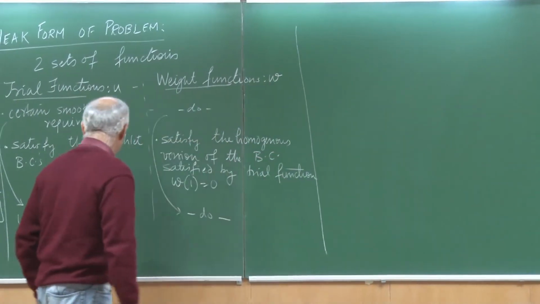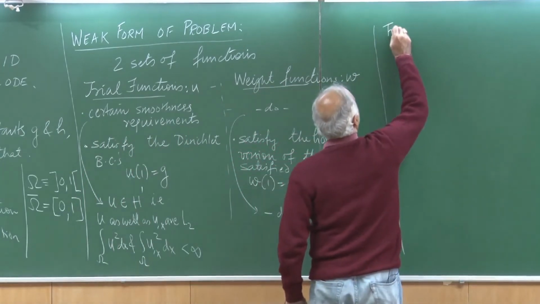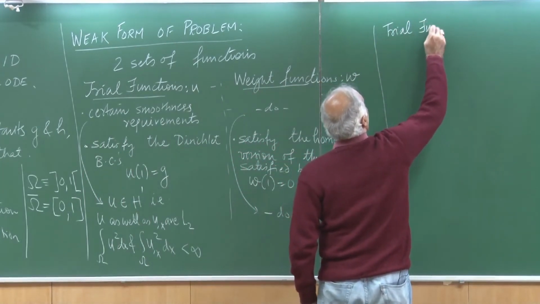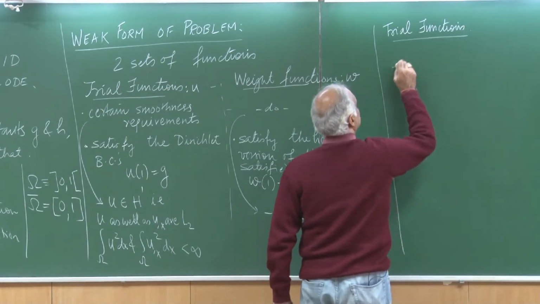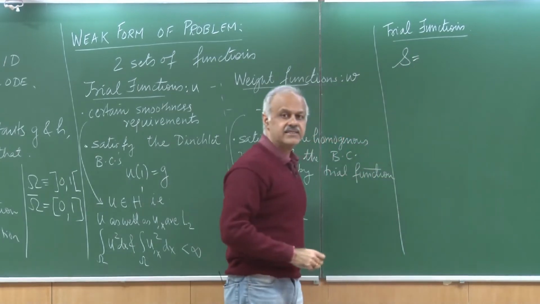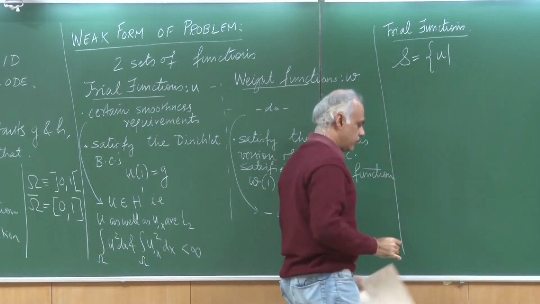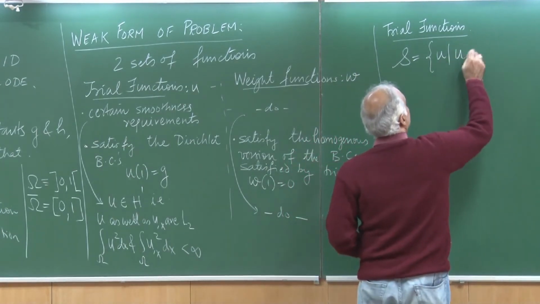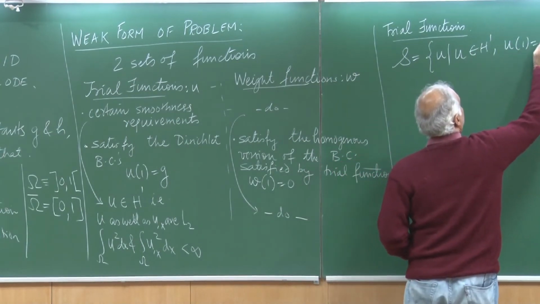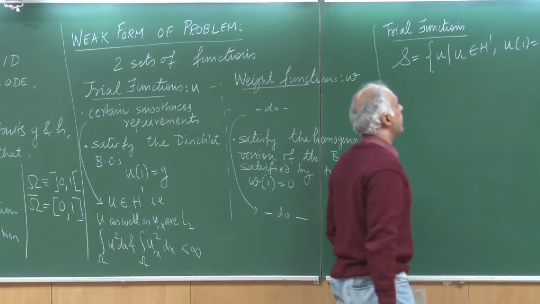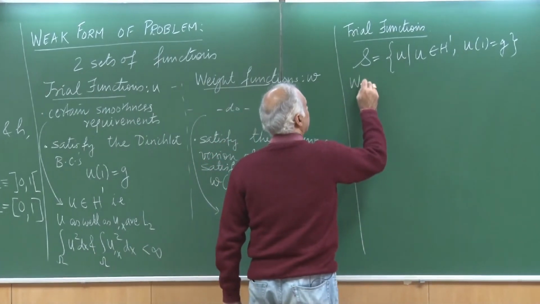So, let me summarize what this means. The trial functions belong to the set S. This set S consists of all functions u such that u belongs to H1 and u(1) is g. This is the space of the trial functions. What about the weight functions?